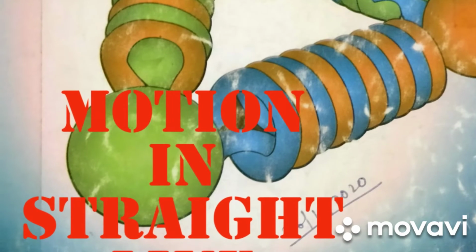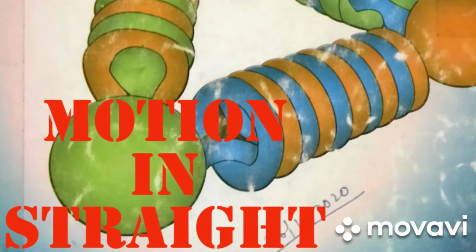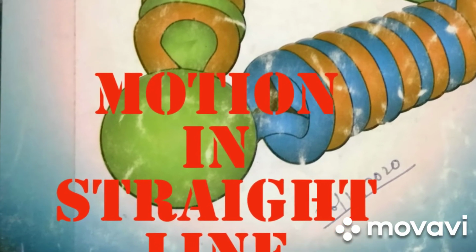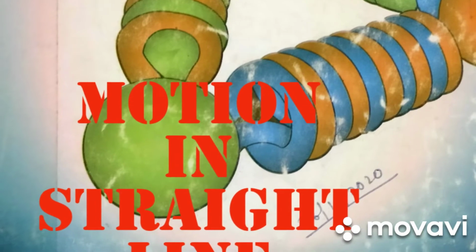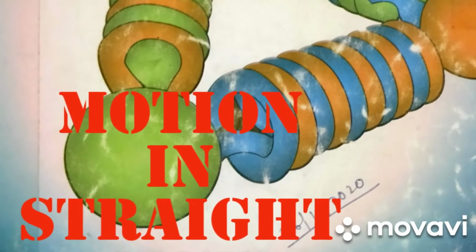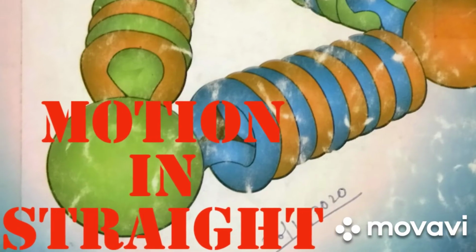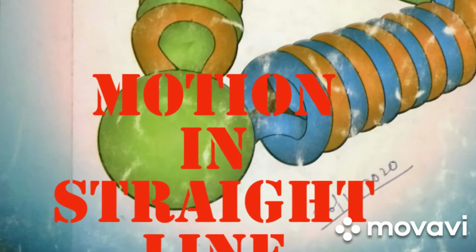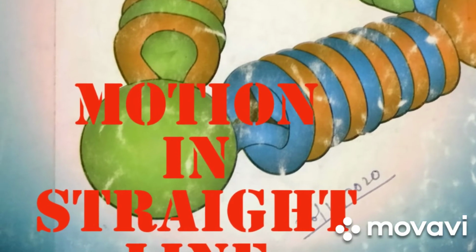Average speed will be always greater than or sometimes equal to average velocity, as distance or path length will be always greater than or equal to displacement.